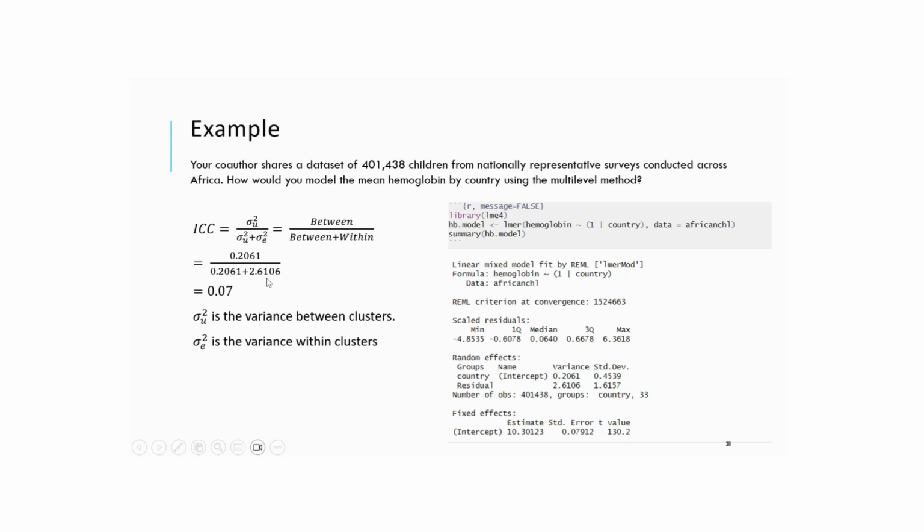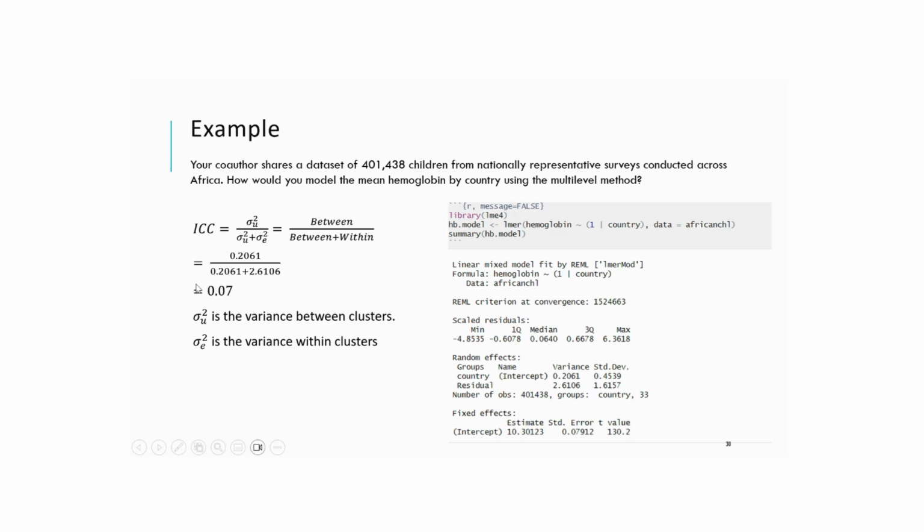And so what this makes you realize, let's start with this within cluster of 2.6. That is the variance in the sample, or the variance in your results within a country, is very large compared with the variance that's happening from country to country. And this makes your ICC low.